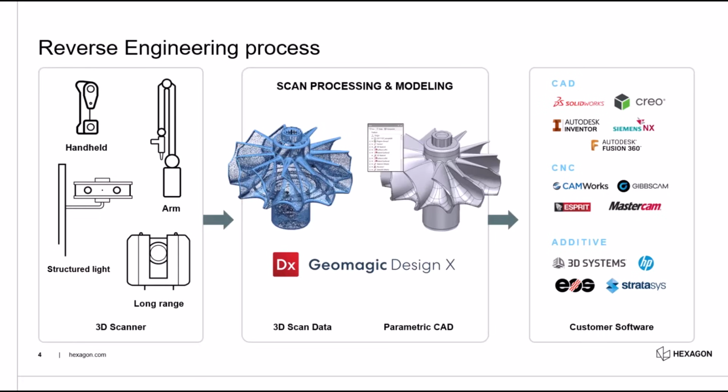But that's DesignX's overall workflow: to handle that heavy lifting of grabbing scan data, bringing it in, processing it, extracting just the CAD information or 3D model information that you need, and sending it out to the proper output. Now, there's a whole other host of things that you could probably do. These are just the highlights of the different applications that we send out to on a routine basis. So with that, we'll jump over to DesignX for our presentation.